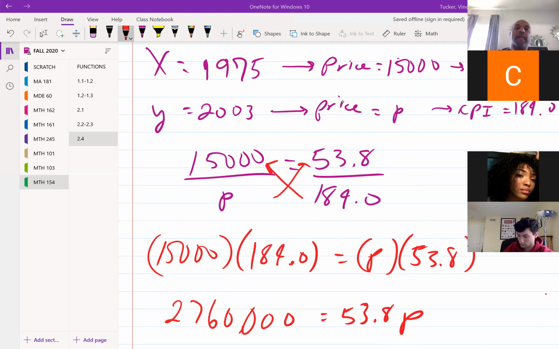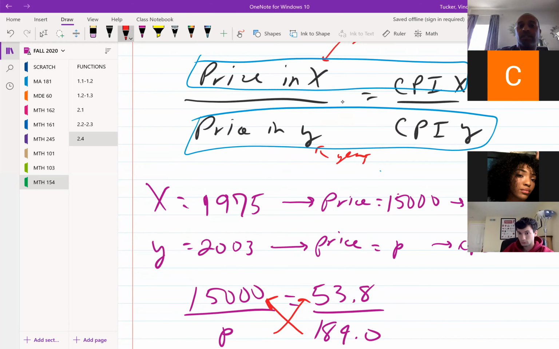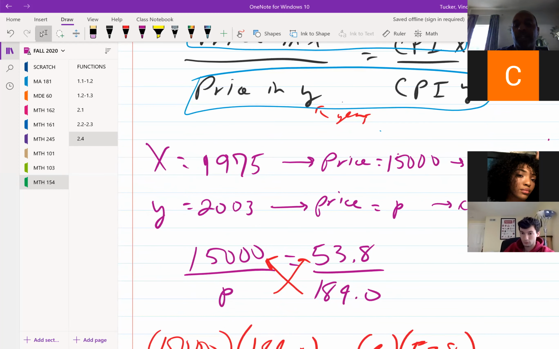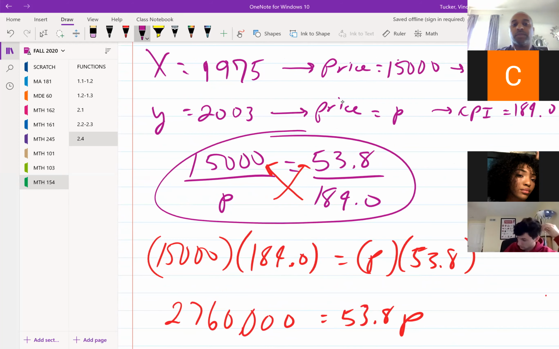Okay, so let's double back. So you set up your proportion according to what we were saying here, price in 1975 over the price in 2003, CPI of 1975 over the CPI of 2003. So that's how I set up my proportion right here. So the price was 15,000 in 1975.